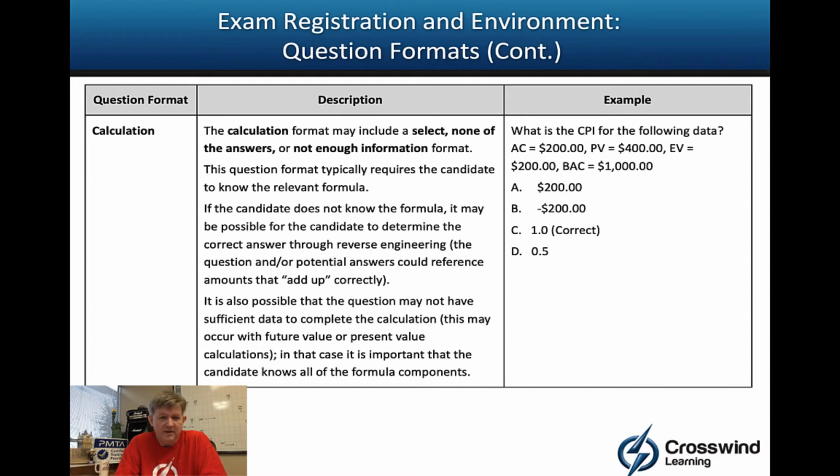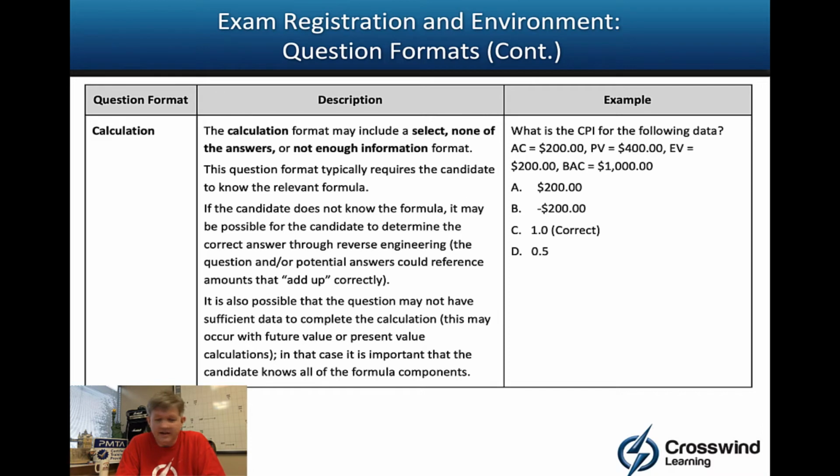I believe that a good perspective to get ready for the exam is to expect relatively clean numbers. $200, $400, $500, $1,000, things like that. If you understand the relationships between certain numbers, like in this case earned value and actual cost, you might not even have to use the calculator to come up with the number.